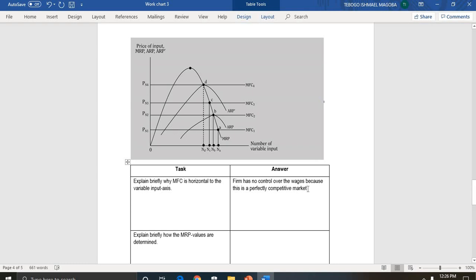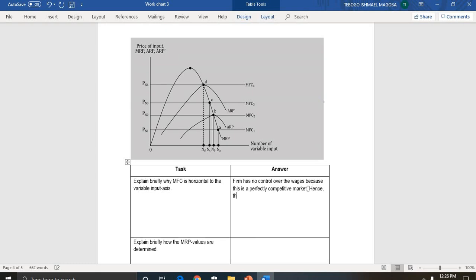All right, and hence, sorry about that, the marginal fixed cost is perfectly elastic. Alright, so it makes sense.